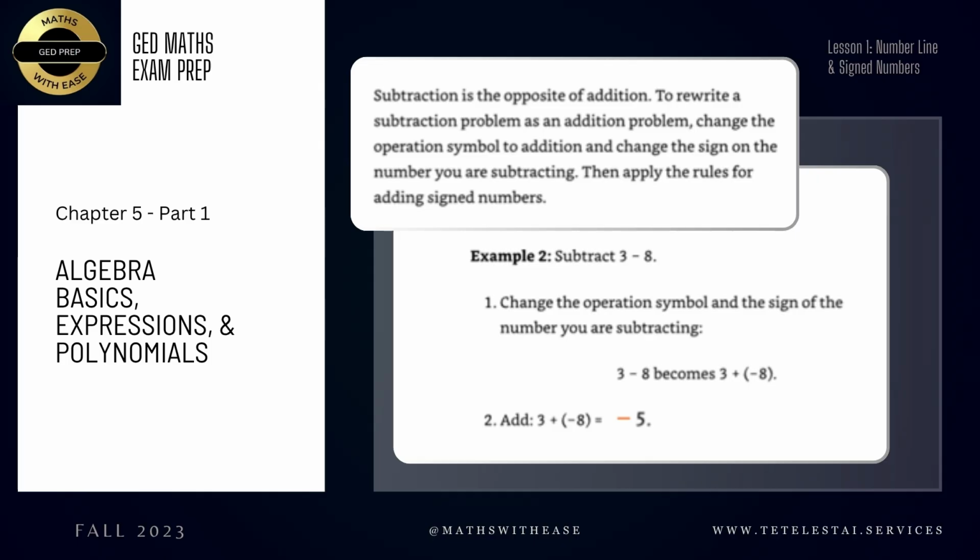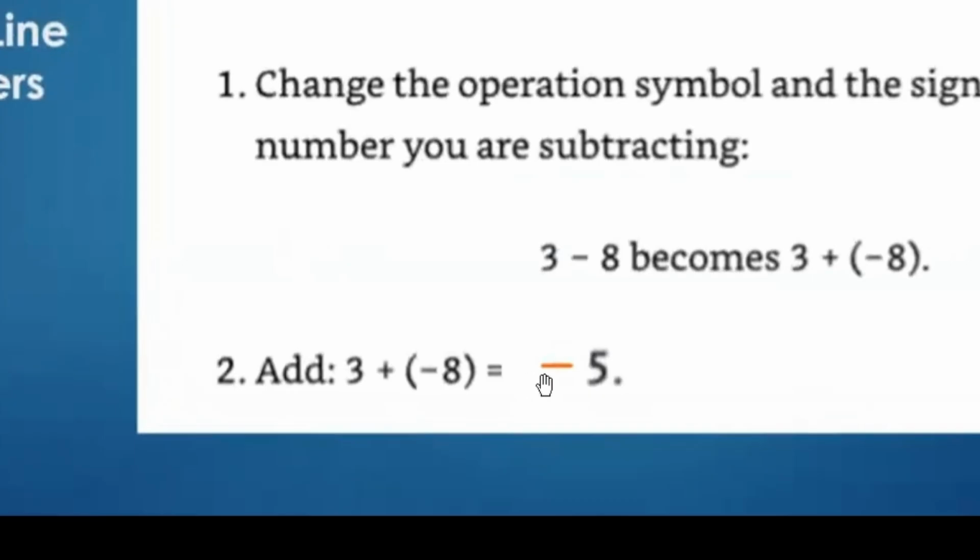There was a typo in the book. That's why you see this here, because the book was showing 5, but that's the wrong answer. It should be negative 5, okay? We're adding, because if we go back to your role as an accountant, let's say that your client had negative $8 and then they transferred $3 into their bank account, right?